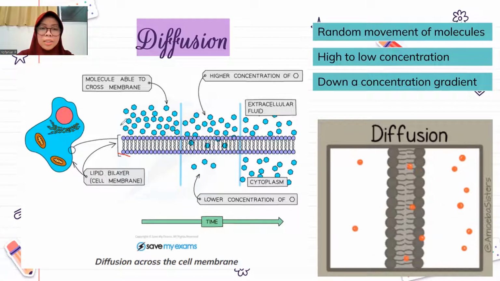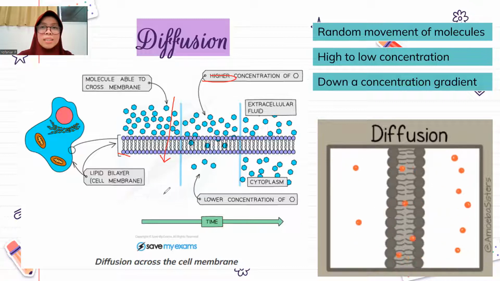Here, the more particles, it means the higher concentration. So if this side has a higher concentration of the particle and this side, the inside of the cell, has a lower concentration of particles, the diffusion will be in this direction, from the outside to the inside of the cell.